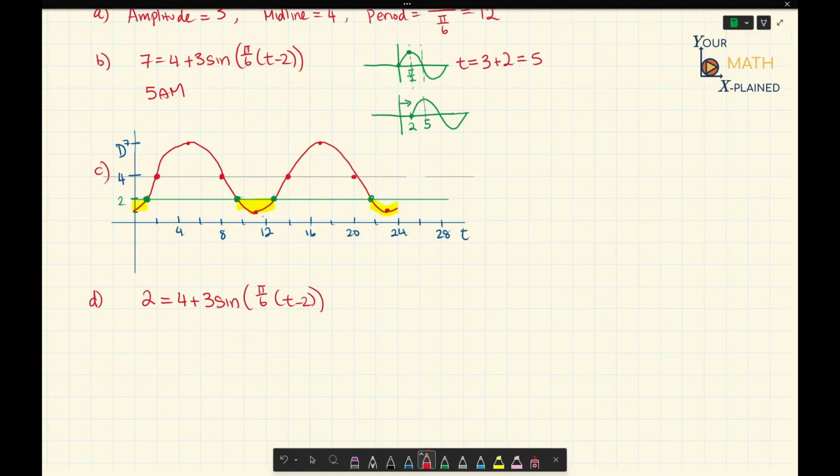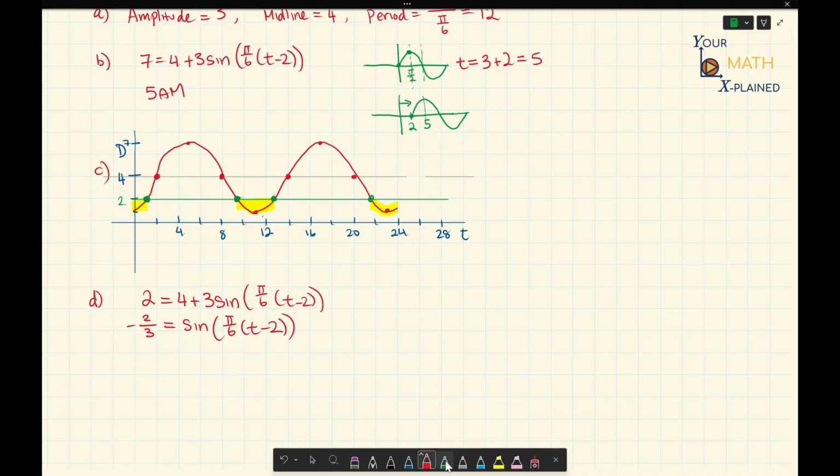Now moving the 4 over to the left side and dividing both sides by 3 is going to give us negative 2 over 3 is equal to sine of pi over 6 times (t minus 2). So this here is not a special triangle, which means we're going to need to use our calculator to find the exact values. But before we do that, we're going to make this a little bit simpler.